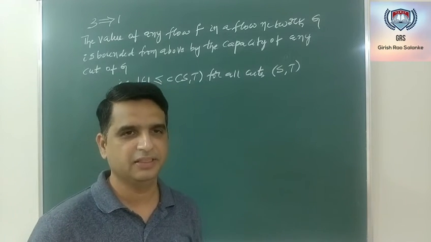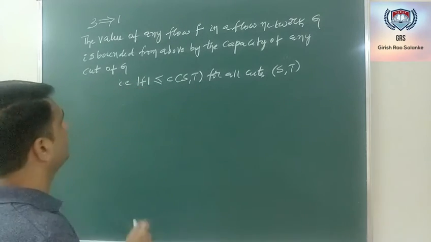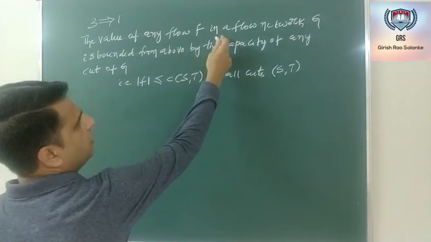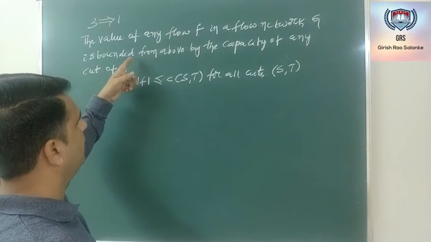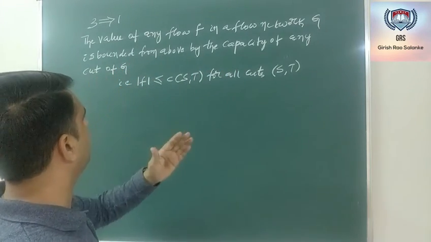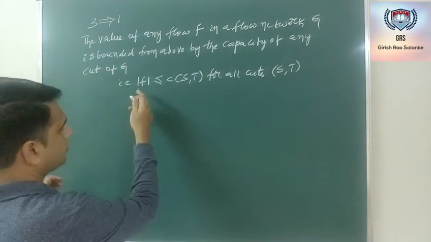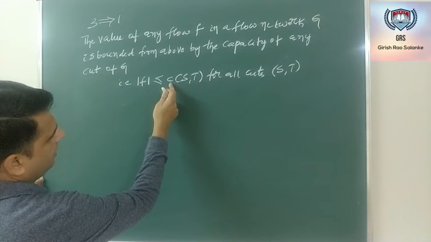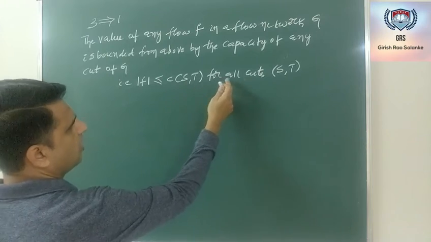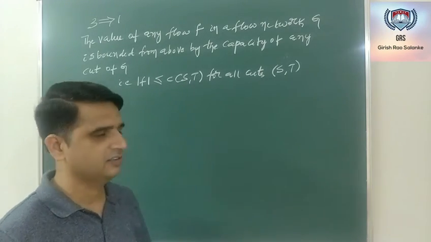Coming to equating the third statement with the first statement, we know that the value of any flow F in a flow network G is bounded from above by the capacity of any cut of G. That is, the flow is less than or equal to the capacity on the cut ST for all ST cuts.